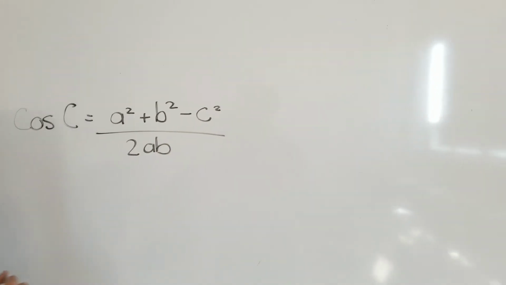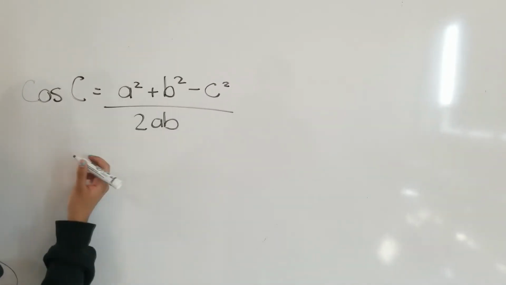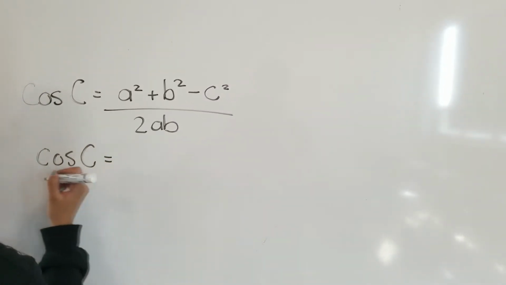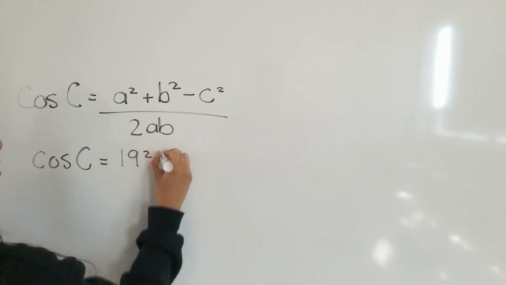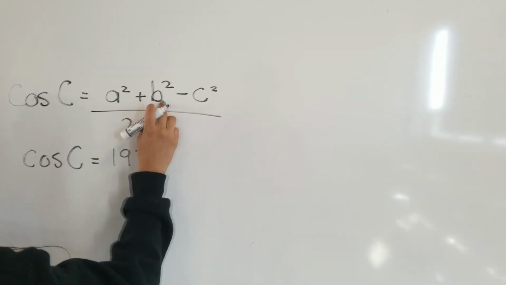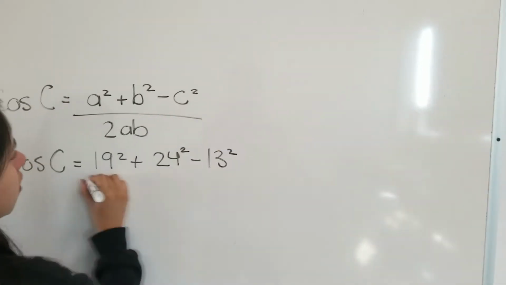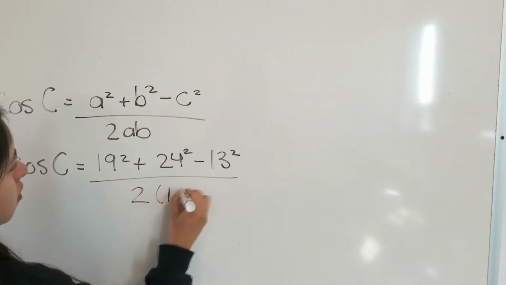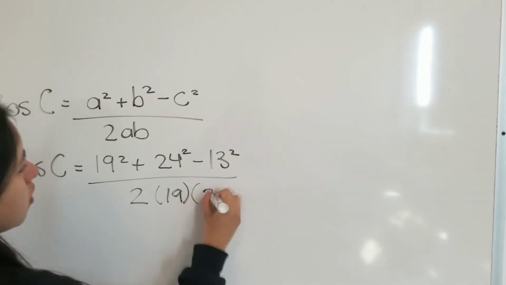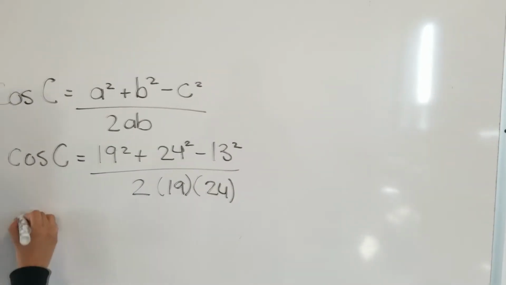Now we are going to calculate the cosine of C. We know that our original formula is substituted, so we have cosine C equals a squared plus b squared minus c squared divided by 2 times a times b. We substitute our values.